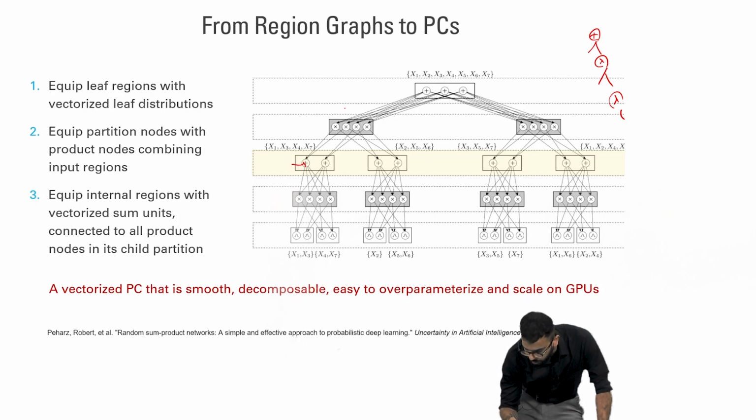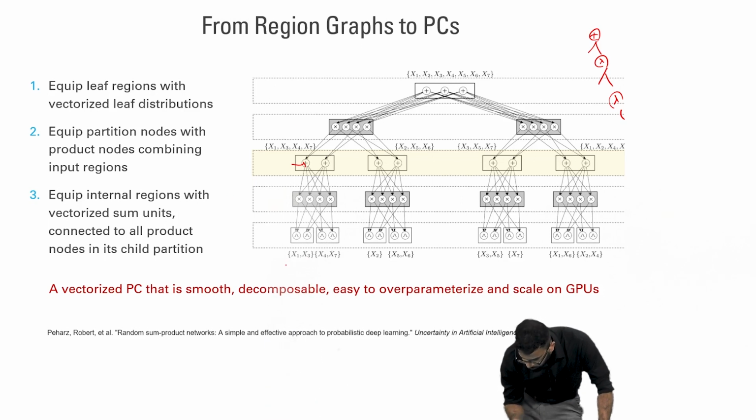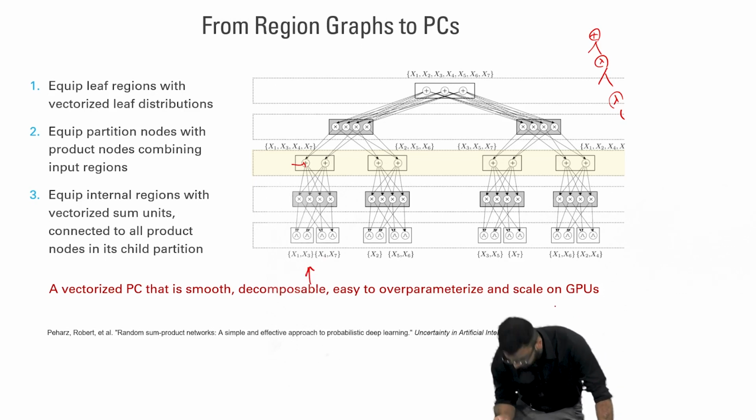Everything in a product layer is connected to all the sum nodes at the higher level. And you are not allowing variables to mix at any arbitrary depth, but they can only mix at the leaf level. So in this case, let me call this depth 1, 2, 3, 4. All the variables you have are at the same depth, right?